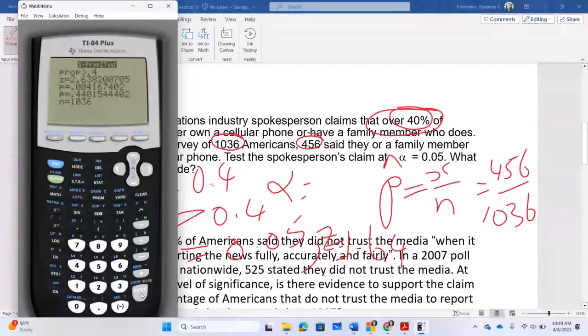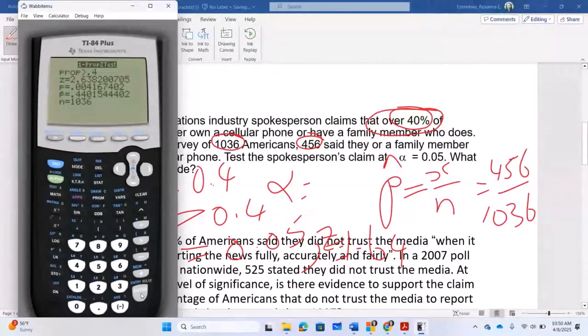the p-value is approximately 0.004. P-value is too small. P-value is less than alpha because alpha is 5%. So since p-value is less than alpha, we are going to reject the null hypothesis.